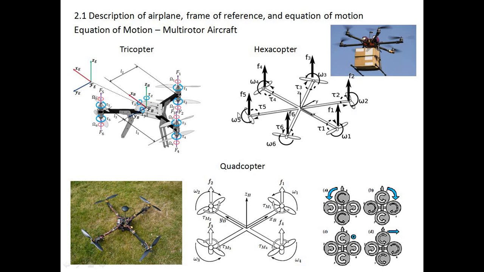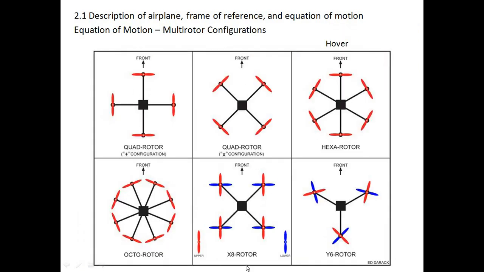The difference in force will cause it to pitch and roll. So it flies differently than an airplane, but we can discuss this later. So there are various configurations of multi-rotor aircraft. We also have octo, X8, and Y6, another normal configuration.